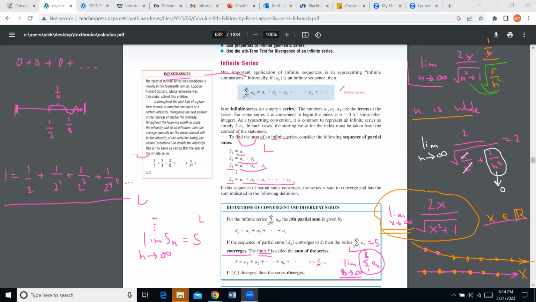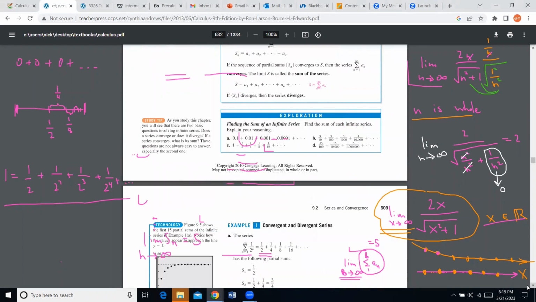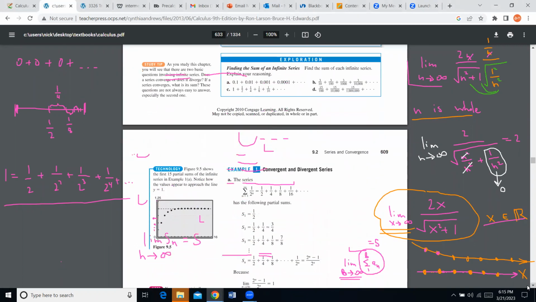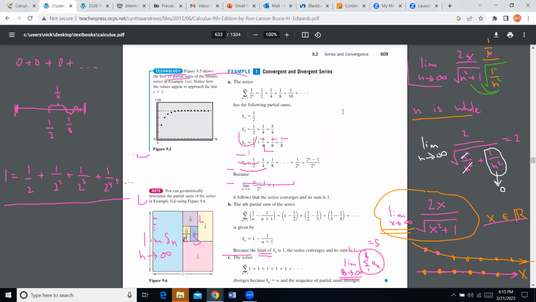I guess a good idea is to take a look at some of the examples here, because that's like a general definition. And here's the example that I just tried to illustrate to you. The convergence of these partial sums. I just want to make this mess go away.